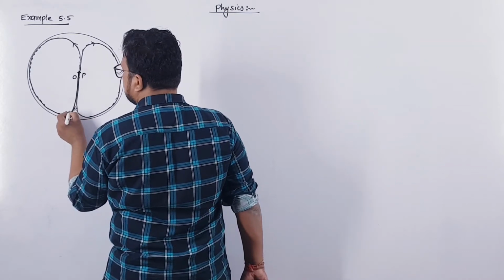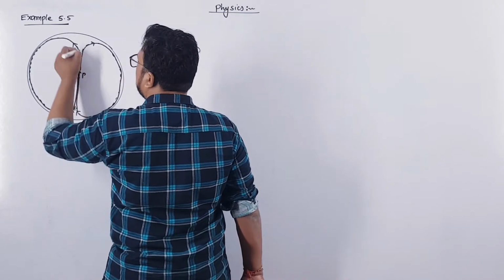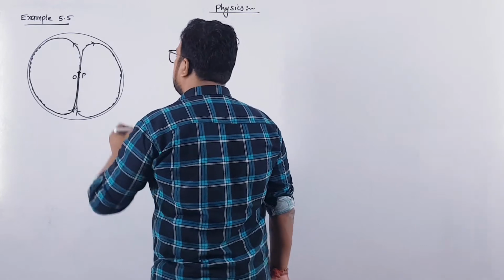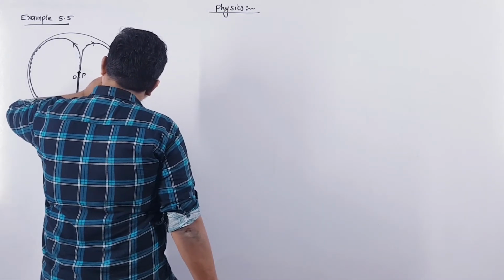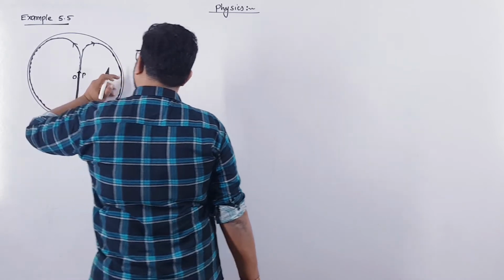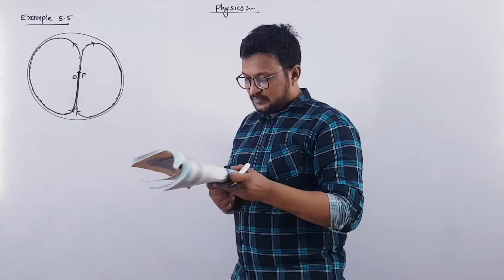Right, so here it is entering inside and here from top it is coming out. So this is the figure which is given. The inner magnetic field lines of the dipole we have drawn ourselves, right?